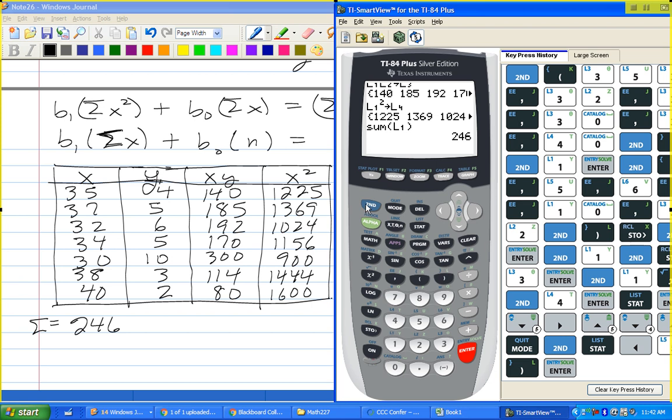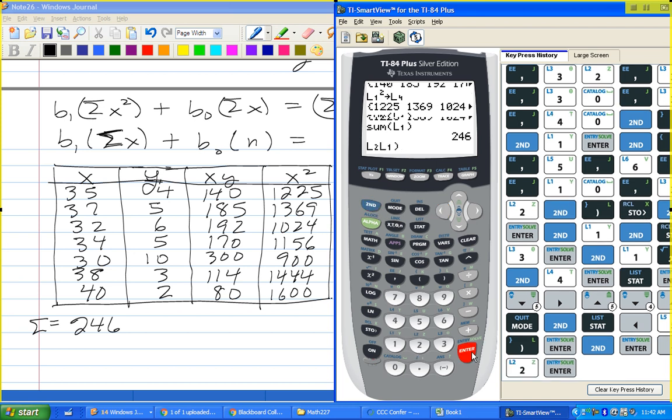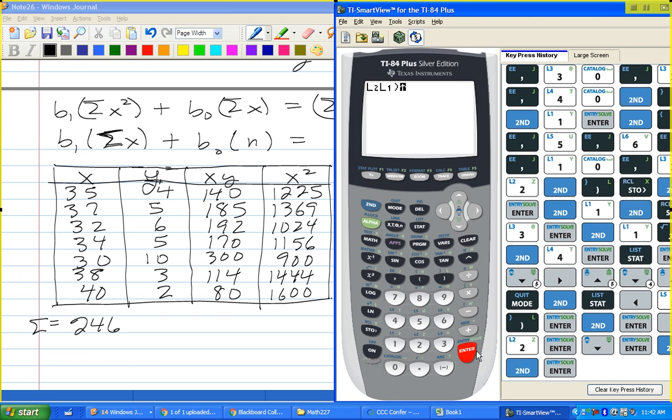Sum of L2. Oh, that was obviously a typo on my part.